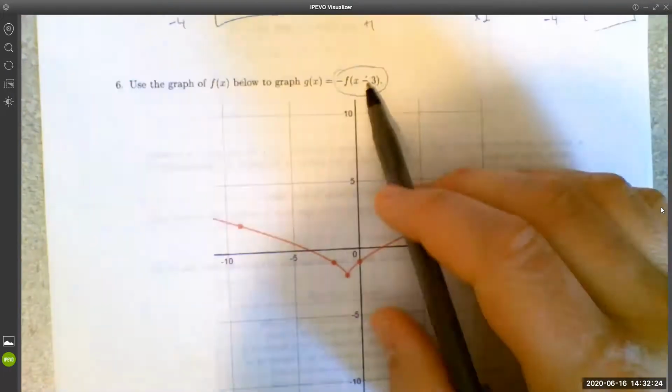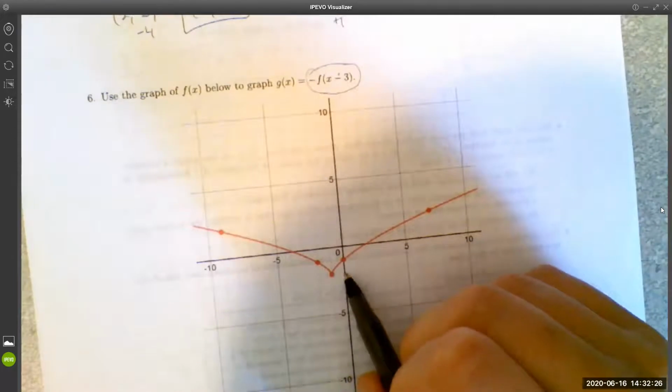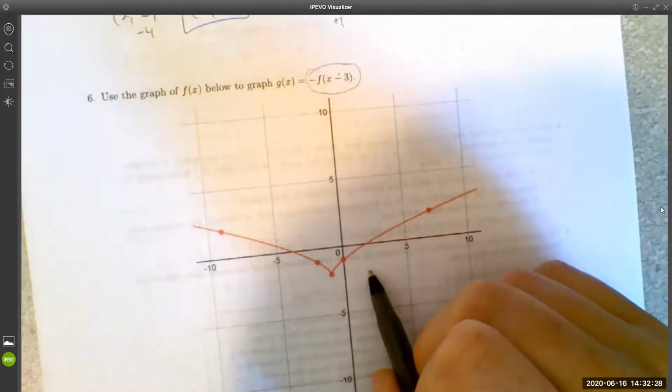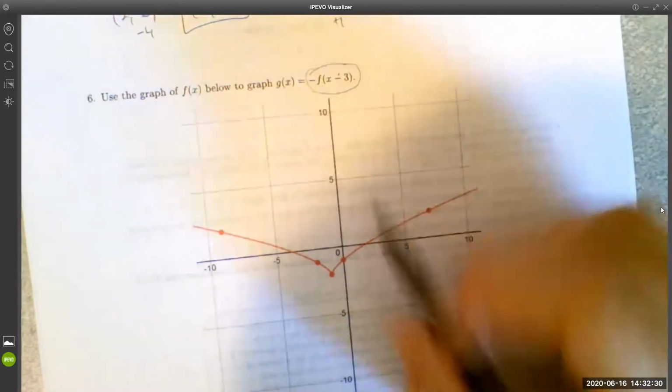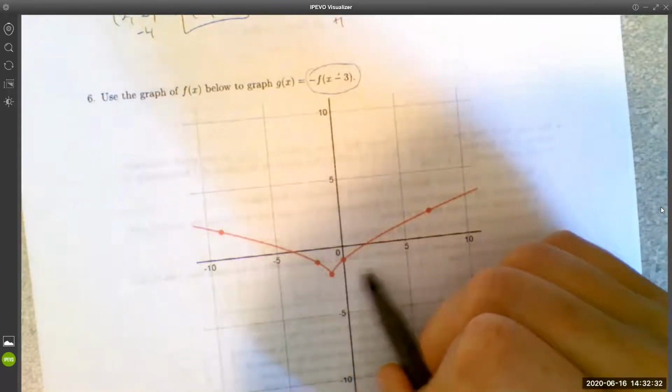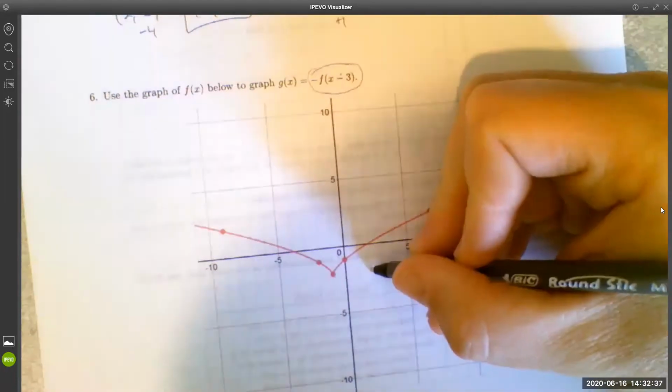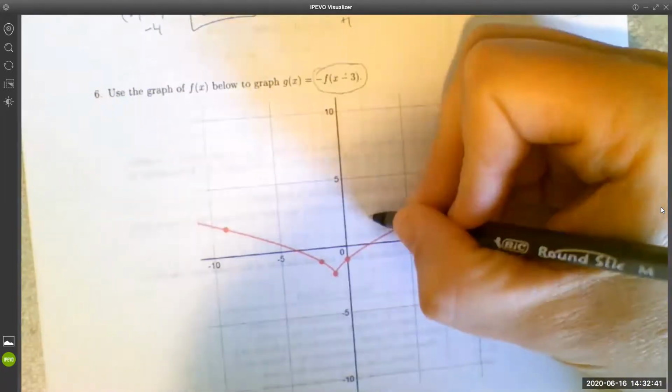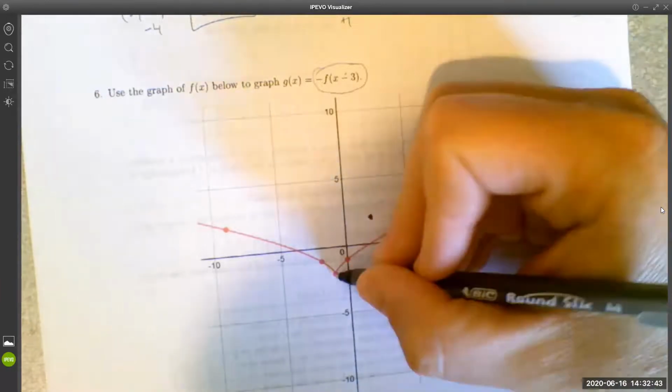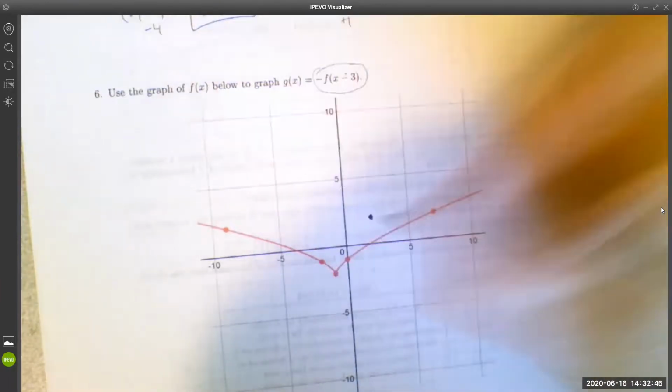I'm going to shift it right 3 units: 1, 2, 3. And then I'm going to flip it over, because instead of being at y equals -2, it should be at y equals +2 because the sign gets changed. So that's where that vertex ends up.